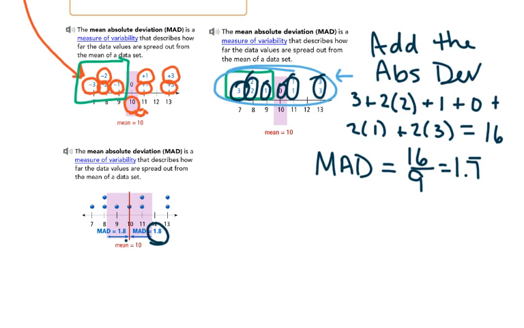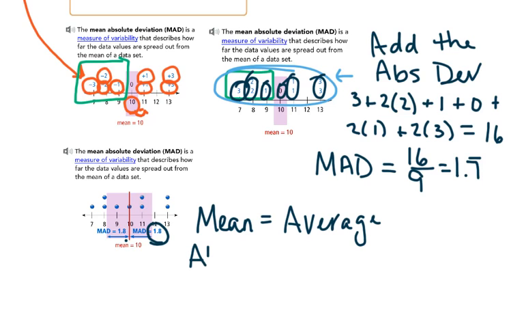So I'm going to break down the term mean absolute deviation. So mean is average. Absolute means the positive values.